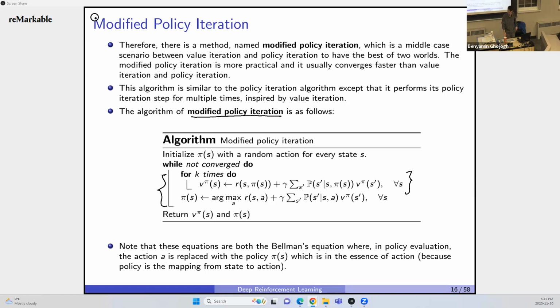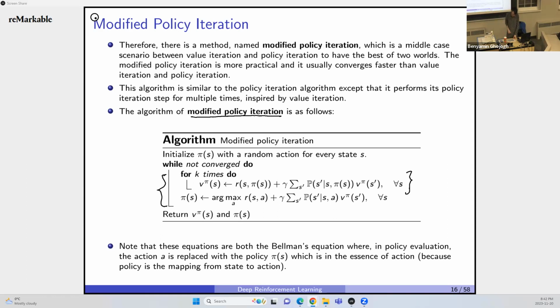Basically, it says do the policy iteration, but for the policy evaluation, do it k times rather than one time. Doing that k times imitates what we did in value iteration. Is it clear? So it's called modified policy iteration.